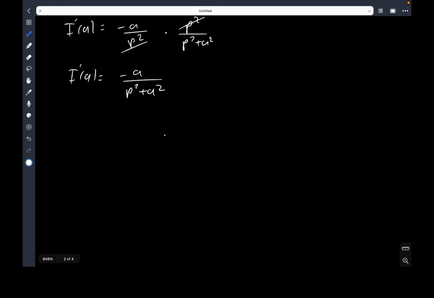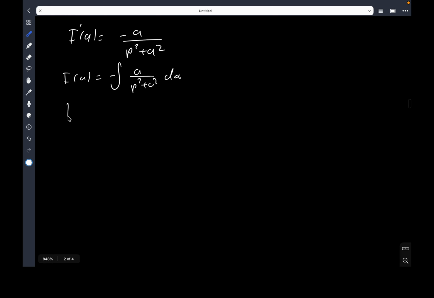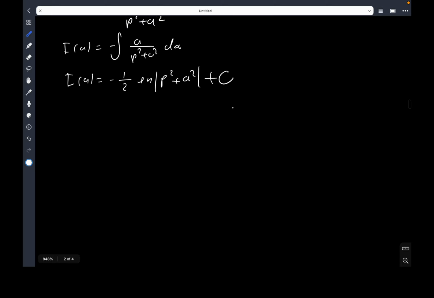And if I integrate this thing here, you can use a u substitution and see that I of a is negative half of ln of p squared plus a squared plus c, some constant of integration.